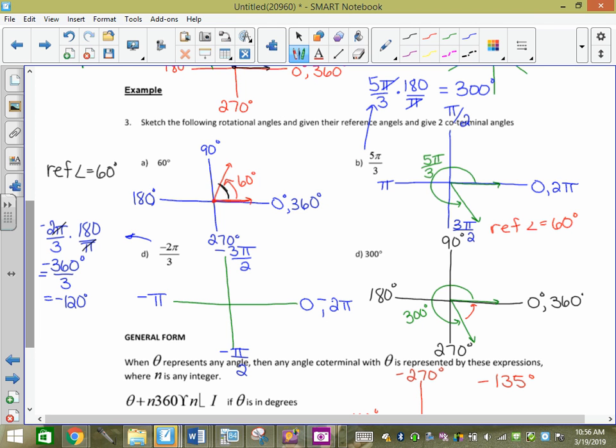Negative 120 is 30 away from 90. It's going to be here. So that's negative 120, but I can't write negative 120. I have to write negative 2 pi over 3.